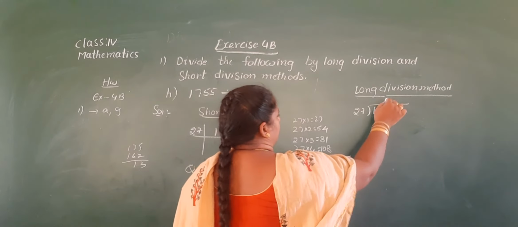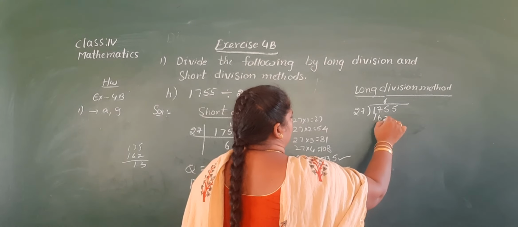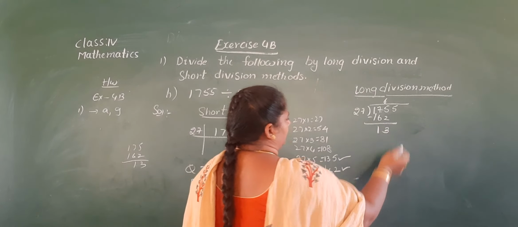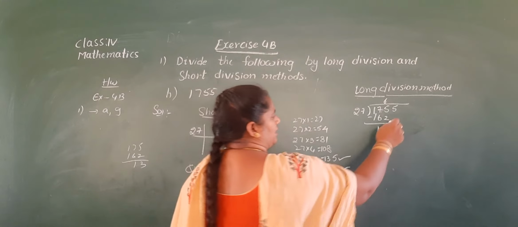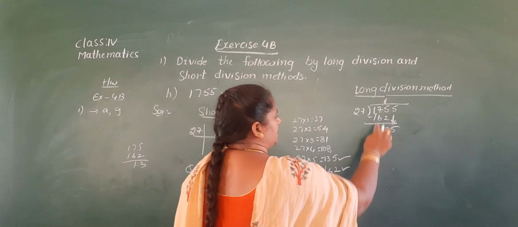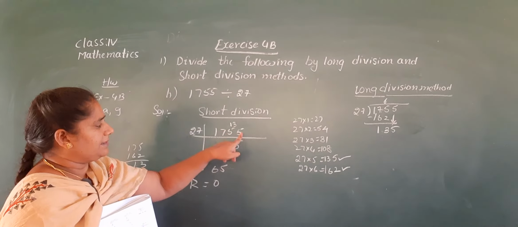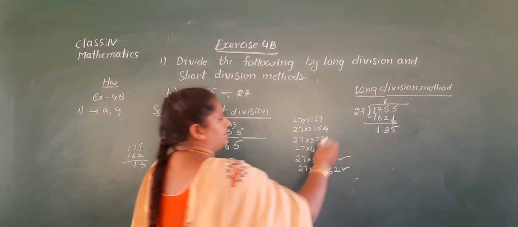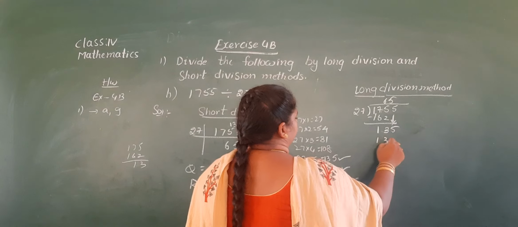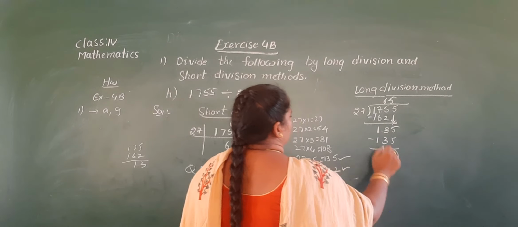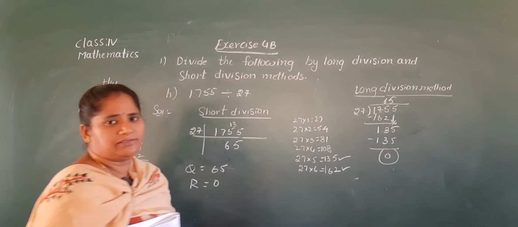For 175, the nearest number is 6 times, 162. Now 175 minus 162 is 13. Now take down 5. You do this calculation in your mind and write here 135. Same. How many times? 5 times. So this is the long division and this is the short division.